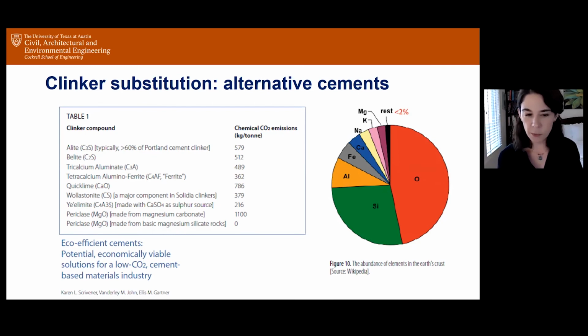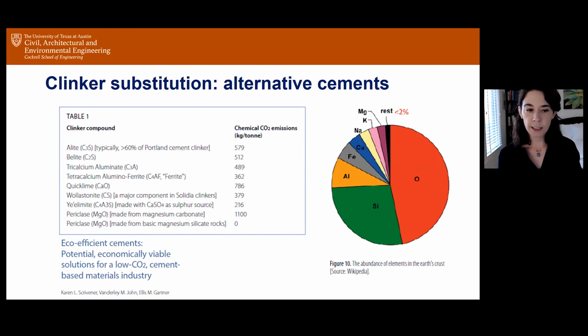Another consideration with alternative cements is as we start going into materials that we perceive as producing less CO2 because they have less calcium, we actually need to do the calculations in terms of the CO2 emissions to understand how much of a reduction we're actually getting, because some of these systems may be more complicated, more expensive, harder to introduce to the industry because their performance characteristics are different.